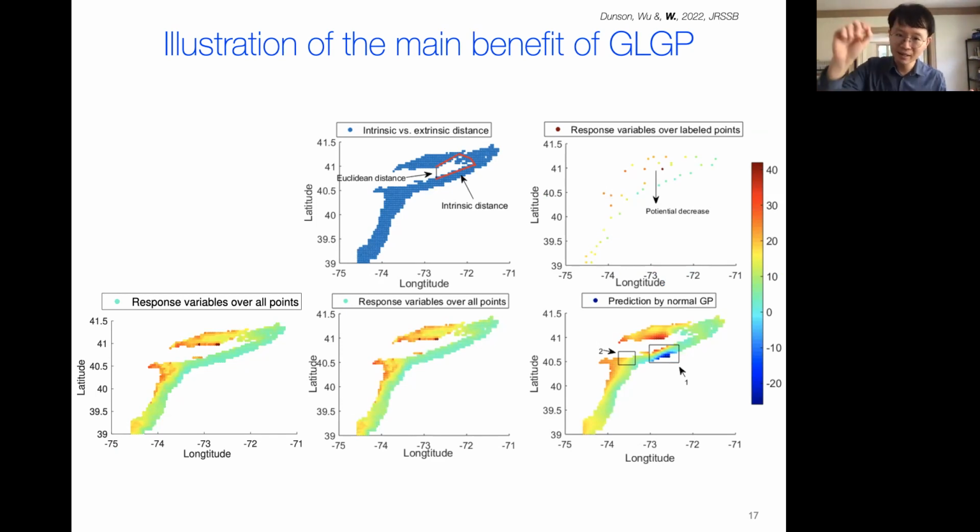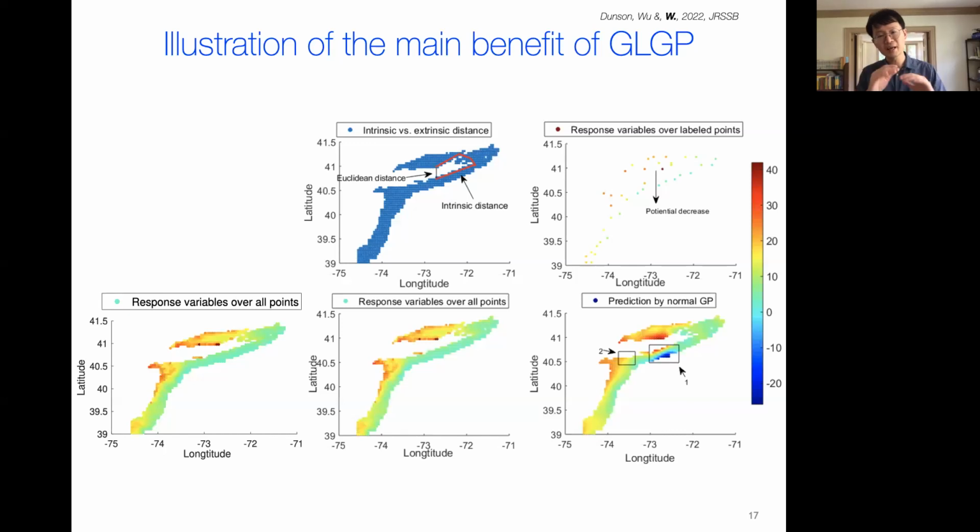But you can see there are 2 points connected by the red line. That red line is the intrinsic distance. But if you forget about the geometry and just use the ambient space distance to quantify that, then the Euclidean distance is much smaller.